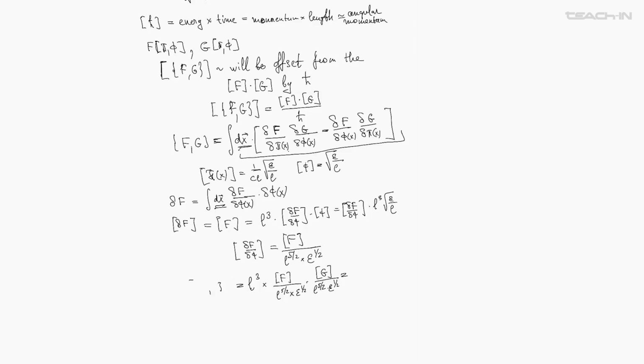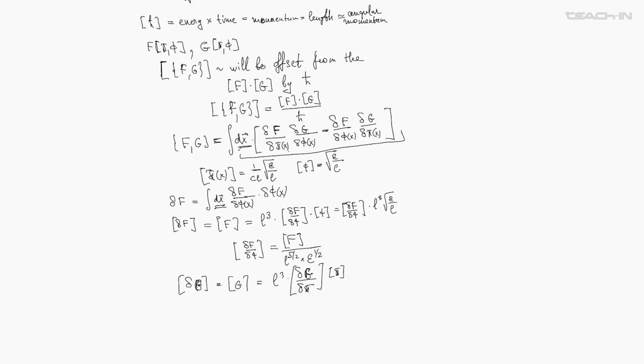So I found the derivative with respect to phi, but I also need the following: L cube, delta g with respect to momentum, multiplied by the dimension of momentum, which gives L cube.